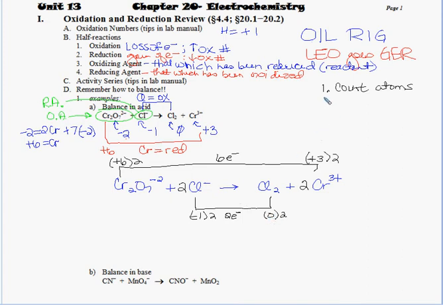So the second thing that you want to do is look at the number of electrons that have changed. All right, now that you've taken care of both of those things, we're going to fix up some stuff. The very first thing we want to fix is to make sure that the transfer of electrons from each of the half reactions is the same.